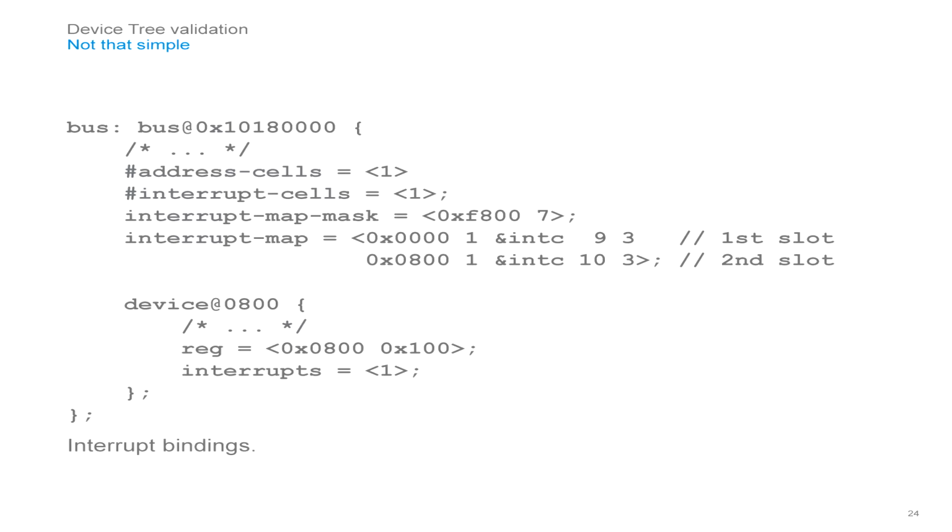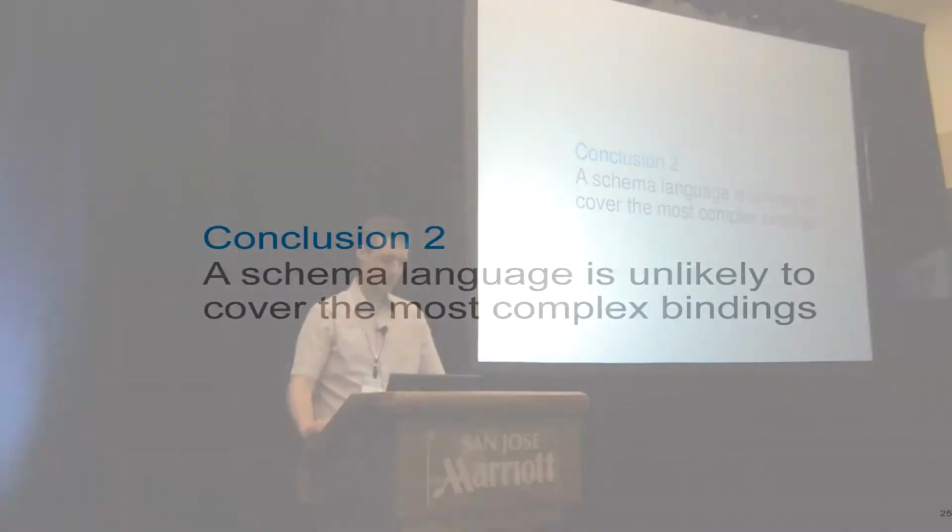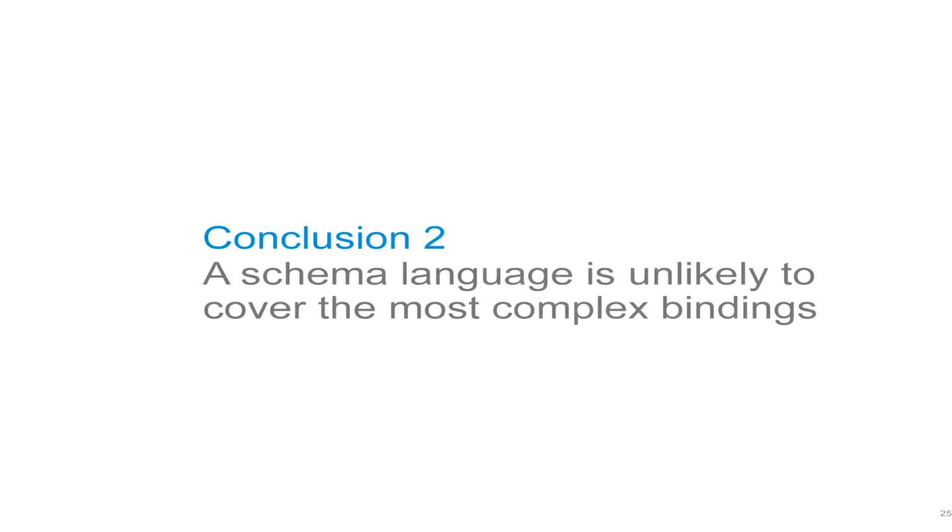And then again, to parse the interrupt-map property, you need to parse similar properties of the int_c node. So you have quite complex relation between several properties, which is not easy to represent in a simple schema language. So here we have a second conclusion, that a schema language is unlikely to cover the most complex bindings.